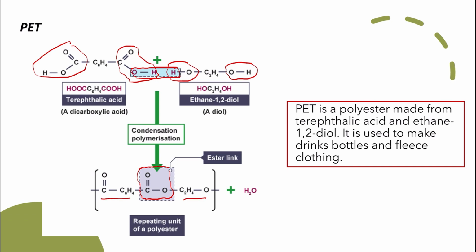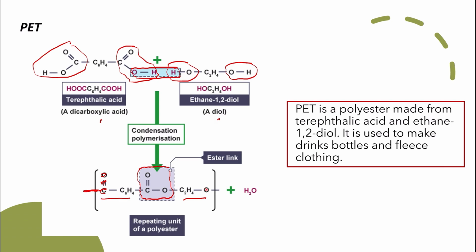When you draw the polymer of the condensation polymerization, remember that you're going to do the same as the addition polymer, where you just draw one repeated unit, which is formed of the two different monomers. On one side, you leave the carbonyl group of the carboxylic acid and the link.